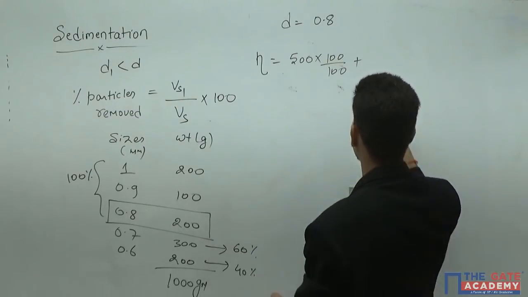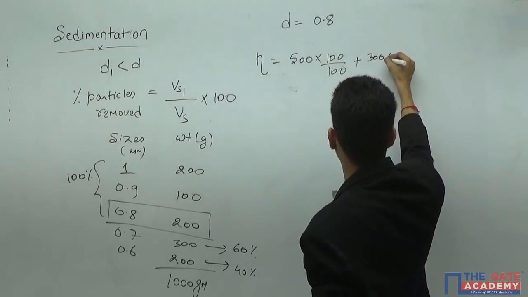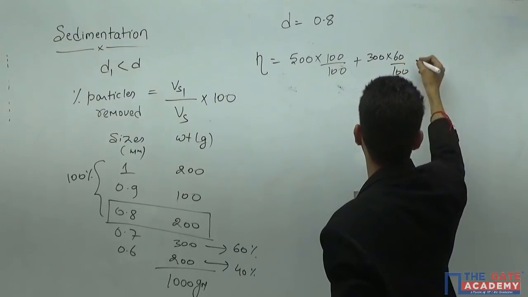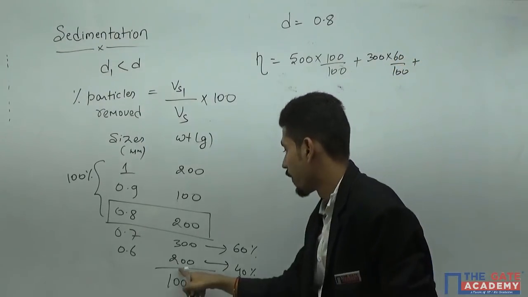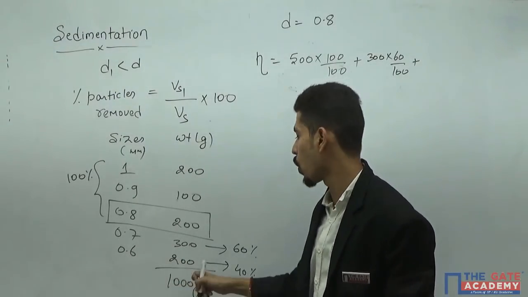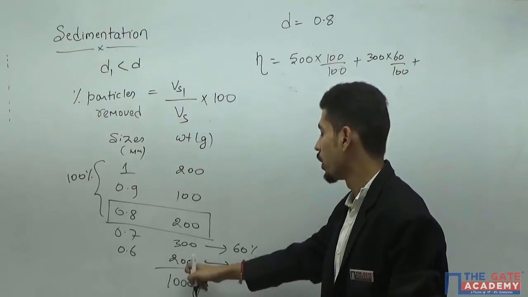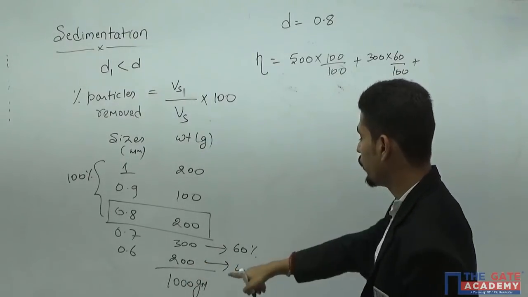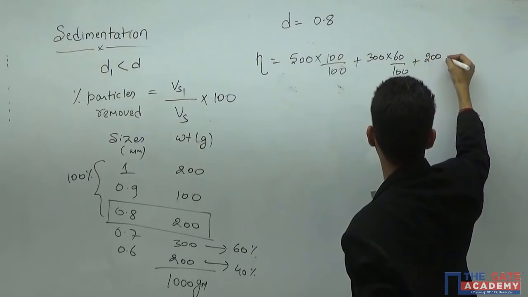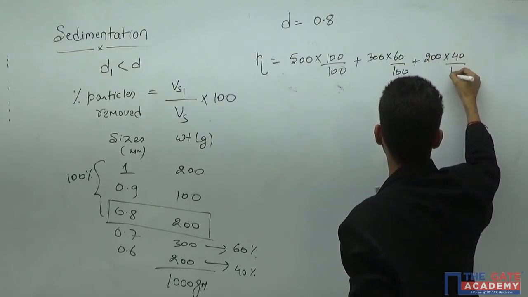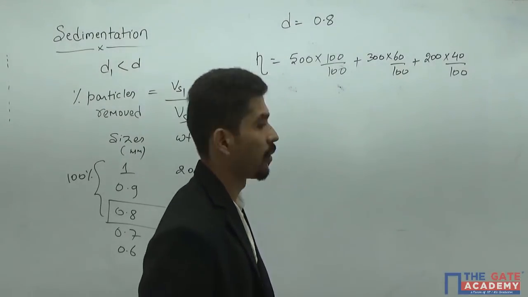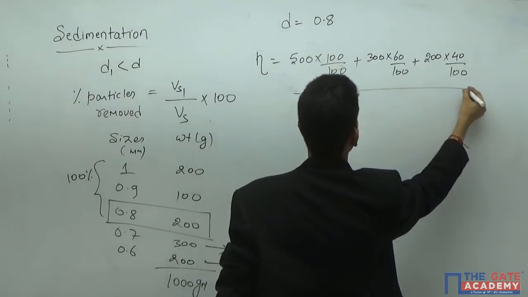So, 300 into 60 divided by 100. Plus, next is the size of 0.6, which is present in a total quantity of 200 grams. 200 grams are getting removed 40% only. So, 200 into 40 divided by 100, divided by the total quantity.